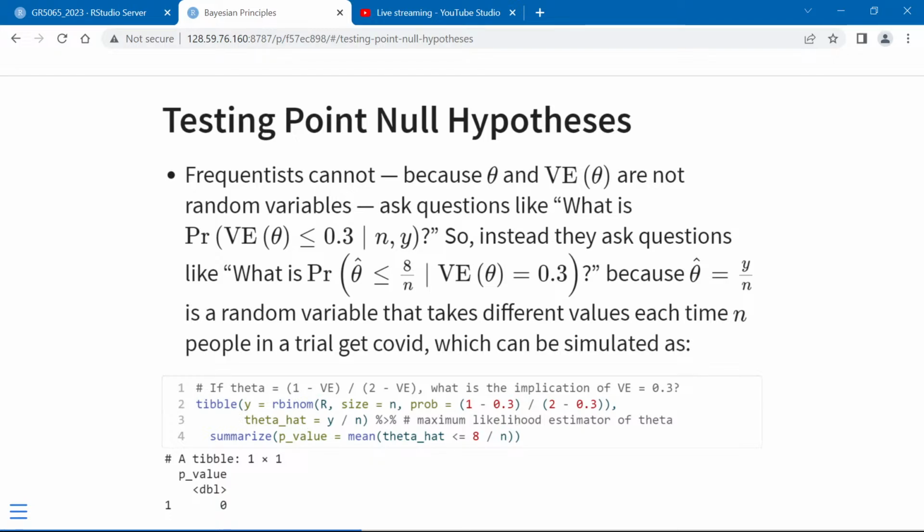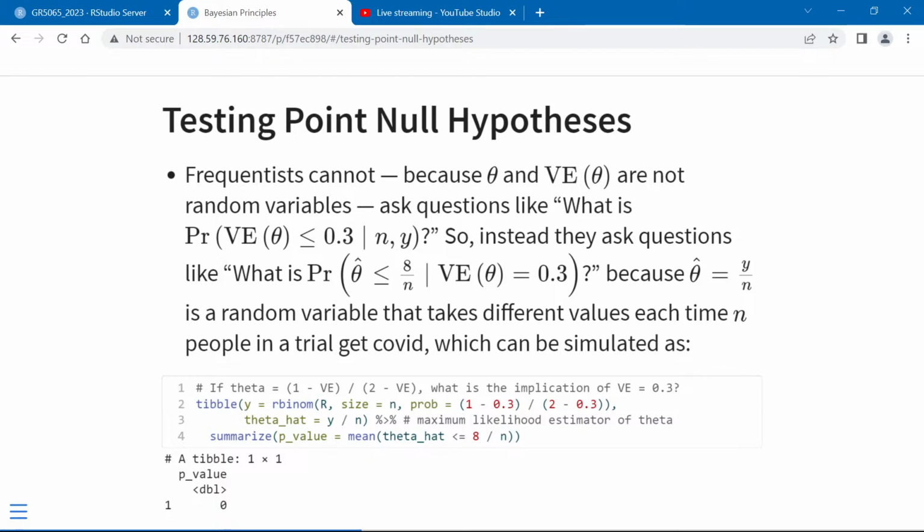And we can compute the proportion of times where theta hat is less than or equal to 8 over N, which is what we observed in the one trial that had actually been done at that point. And we get a p-value of 0 in this case. So we would reject the null hypothesis that the vaccine effectiveness is 0.3 in favor of the alternative hypothesis that the vaccine effectiveness is better than 0.3.